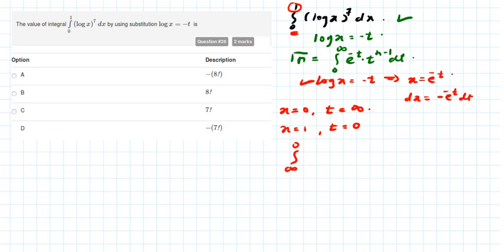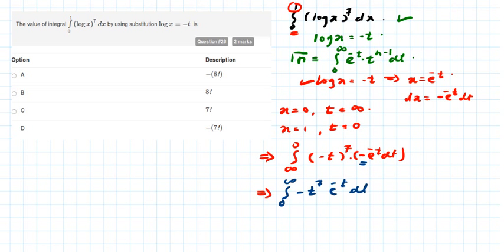Putting the substitution, log x equal to minus t raised to 7, dx is equal to minus e raised to minus t dt, which is equal to, now because of this minus sign, the limits of this integration will get reversed. This will be 0 to infinity, and minus t raised to 7 is minus t raised to 7 e raised to minus t dt.